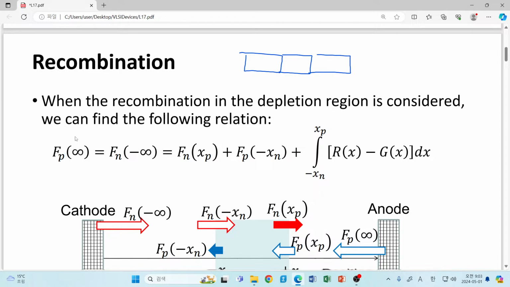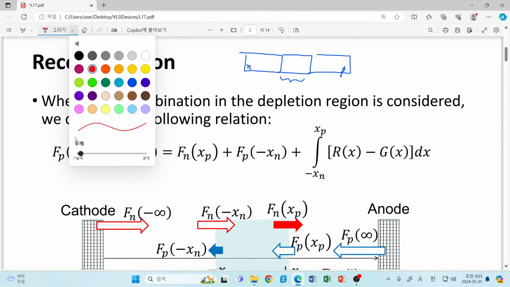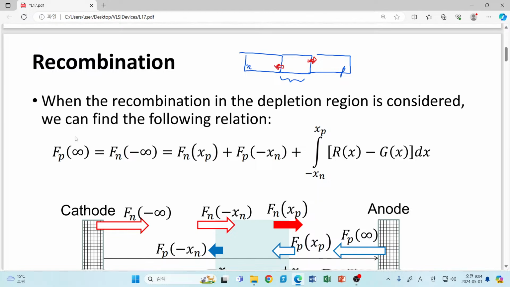For example, let's say this is a p-type and this is an n-type, and in between we have a space charge region. We know the electron flux inside the minority carrier region. Also, in the case of a hole, we know the flux in the minority carrier n-type region.